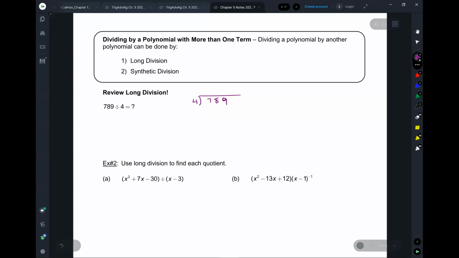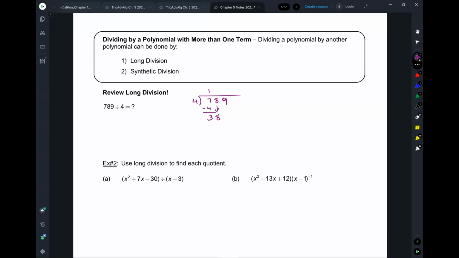Yeah? And then you said, okay, 4 goes into 7, or 7 divided by 4 is at most 1, right? Then 1 times 4, right? And then you subtract, and you get a 3. And now you bring down the 8, and then the process starts again.